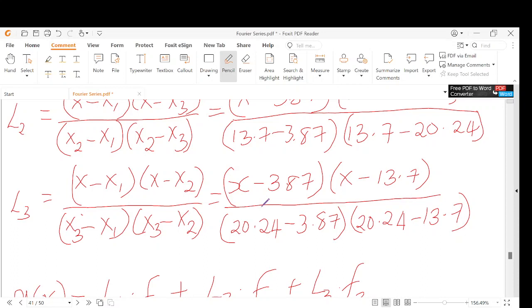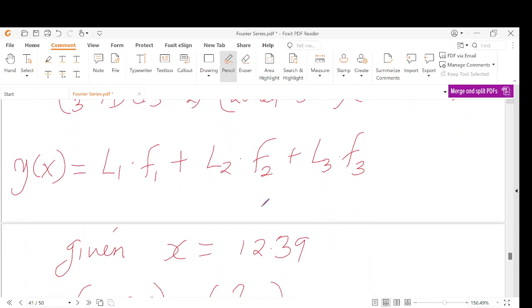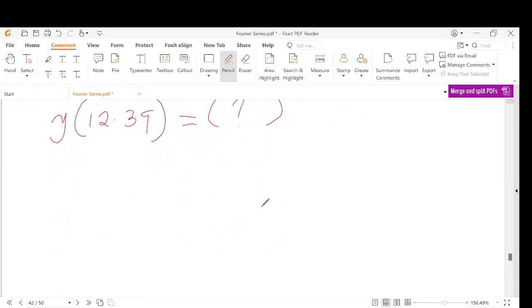But as the number of points increases, you may find that trying to find the fundamental polynomials may be quite a task. It's quite a lot of work. So what we can do is to write a Matlab program that can do this.